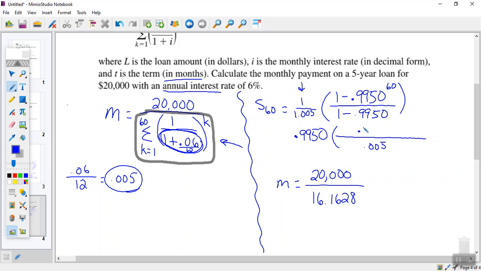Okay, somebody do 1 minus 0.9950 to the 60th and tell me what that is. 0.2597. I can tell you right now the bottom's 0.005 down here. So I need someone to take and calculate this. This will be our right one here.